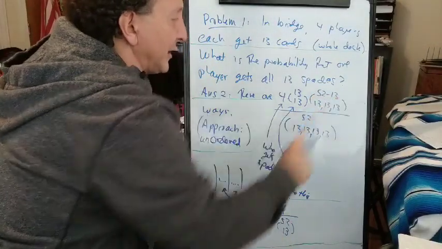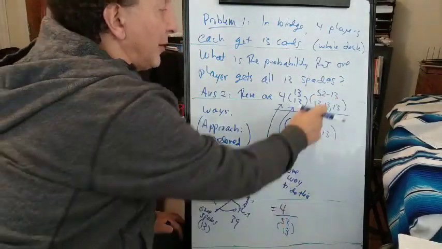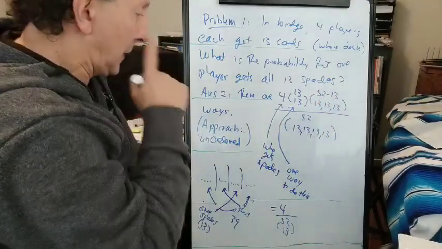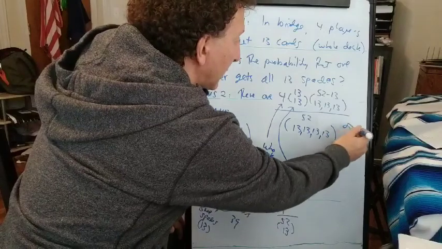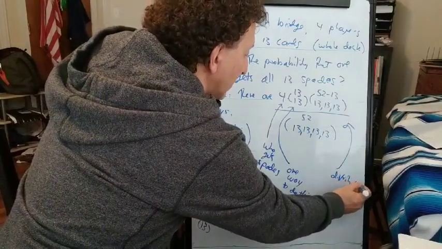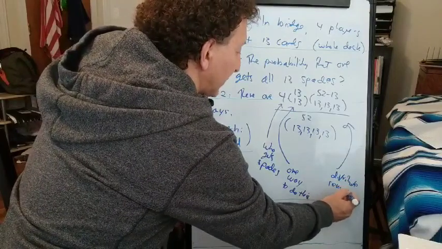Then we'll take the other 39 cards and we'll give 13 to the second player, 13 to the third player, 13 to the fourth player. So we'll distribute the remaining cards.